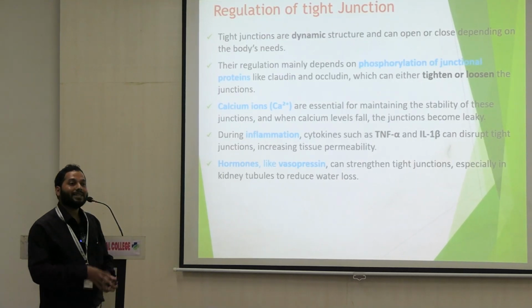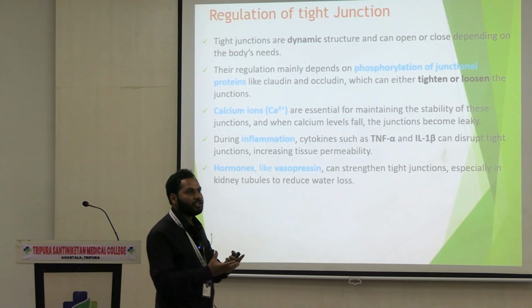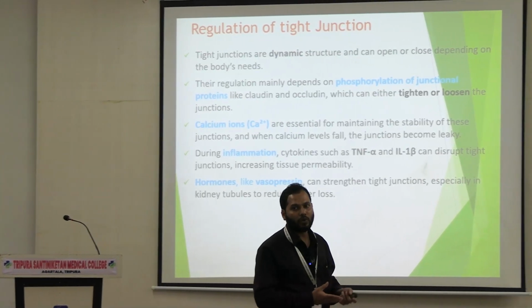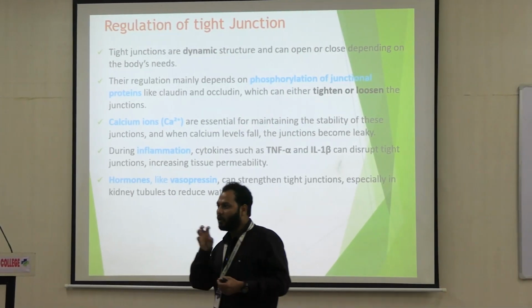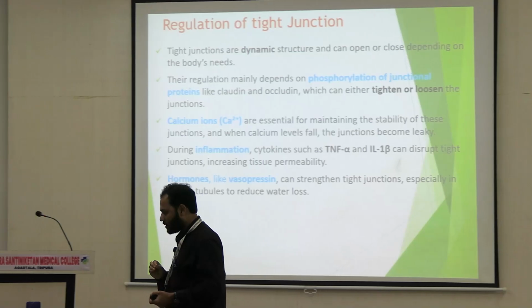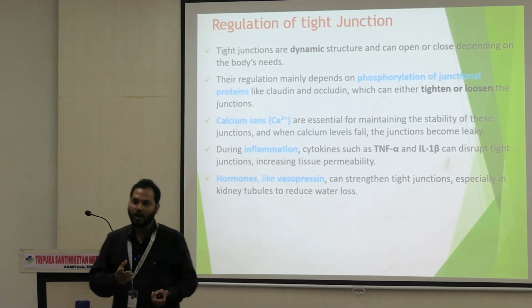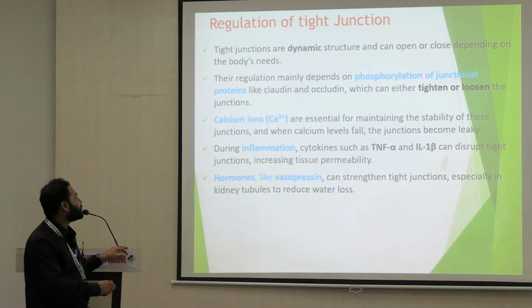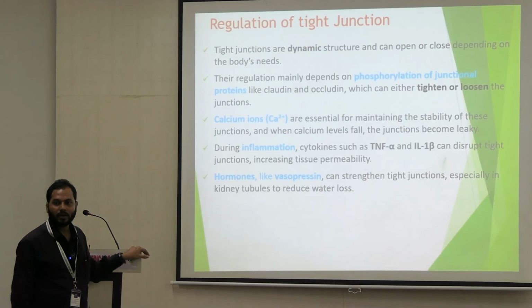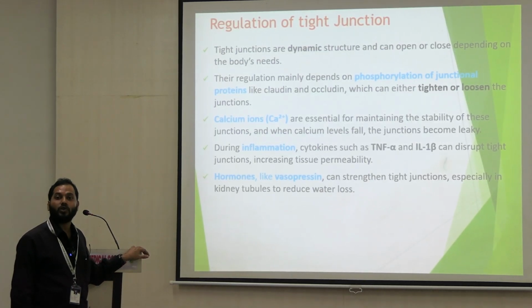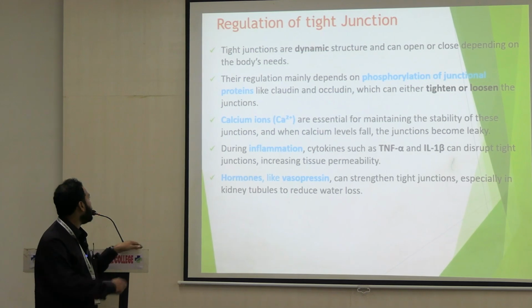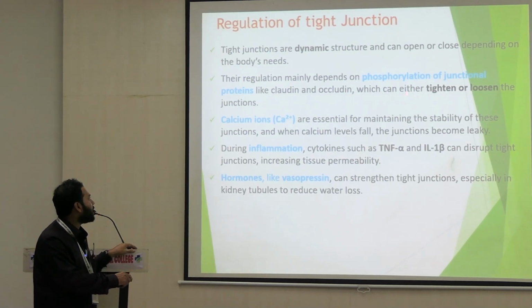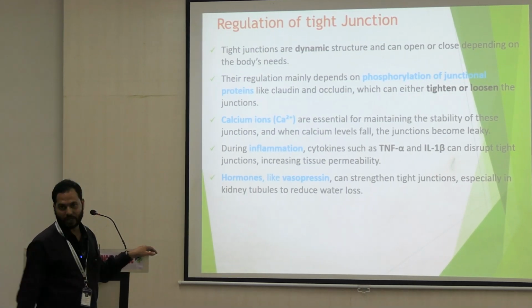Now, what are the regulatory mechanisms? How are the tight junction functions regulated? Yes, there are mainly 4 different points that need to be mentioned about the regulatory process of tight junctions. The first one is called phosphorylation of junctional proteins. So, the phosphorylation of both the Claudin and Occludins can either tighten or loosen the junction.